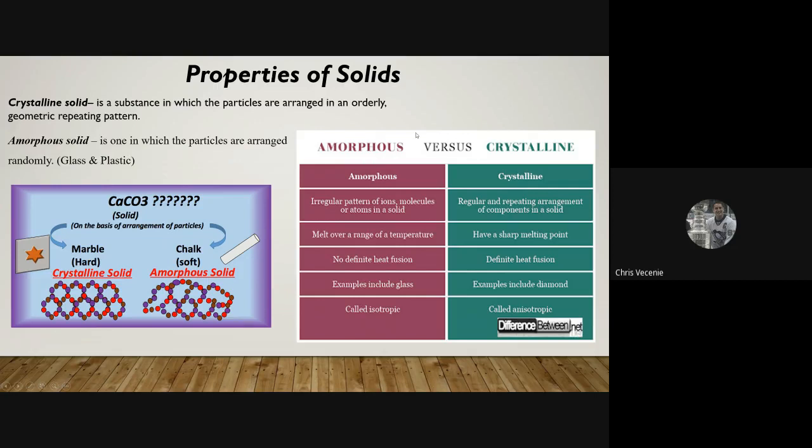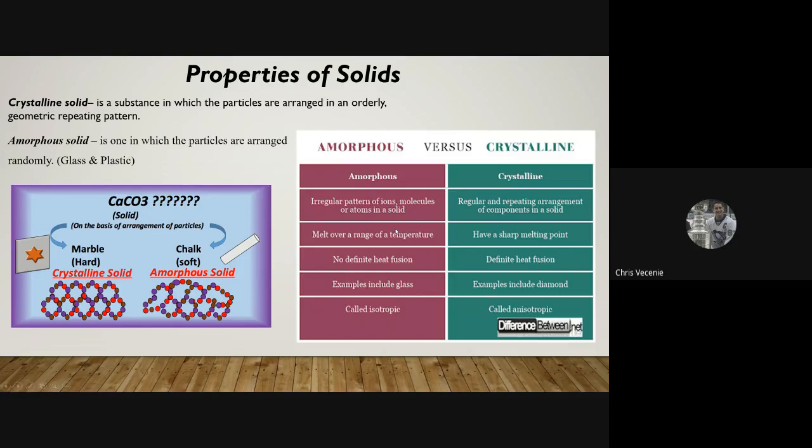Over here, I started to show you some of the generic similarities and differences between them. Amorphous solids, like I said, have an irregular pattern of ions, molecules or atoms in a solid. Crystalline solids, or crystals, have a repeated regular pattern over and over again. Because crystals have an exact pattern, there is a sharp melting point, which means one distinct temperature, and one heat of fusion, one amount of energy needed to make that substance melt.